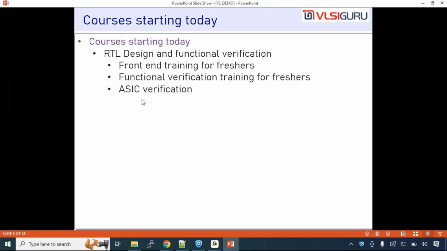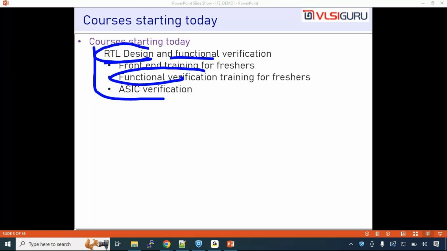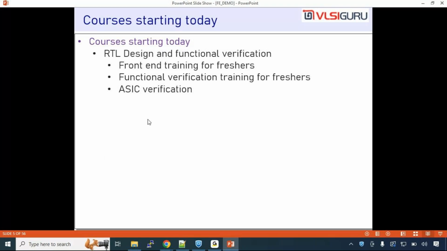All these four names refer to the same course. Sometimes a student asks, I want to do training in functional verification, so we won't confuse him; we'll tell him it's a functional verification course. Someone says, I want RTL design and verification. It's the same course. That means in functional verification, we teach RTL design also. This is one of the courses that's starting.